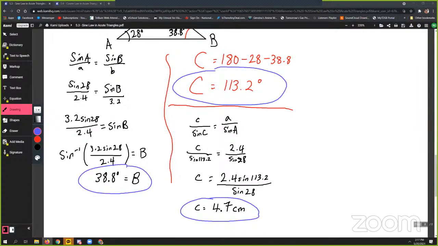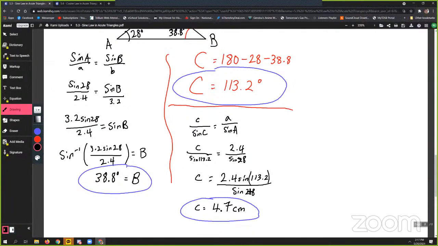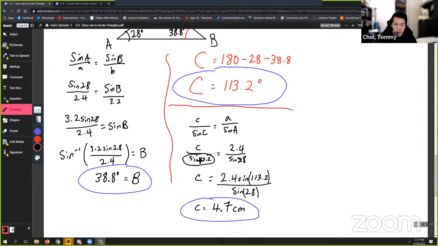Yes, sorry, I have a question. For the last part, the C, you put the 3.2 at the right side, right? The 113.2, yeah. Isn't it supposed to be in front of the sine? It's because if you look here, sine 113.2 was what's underneath, right?